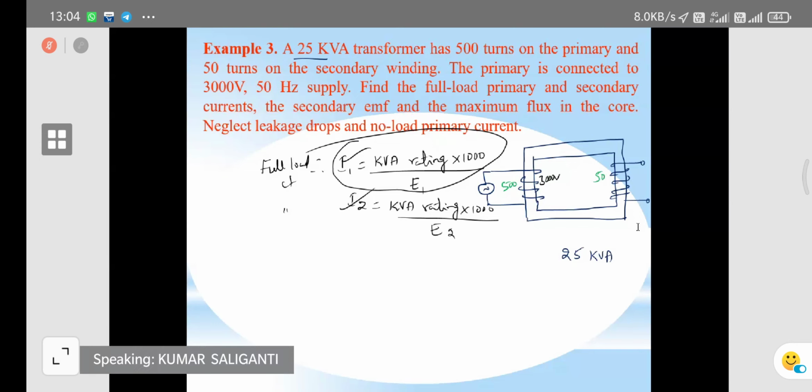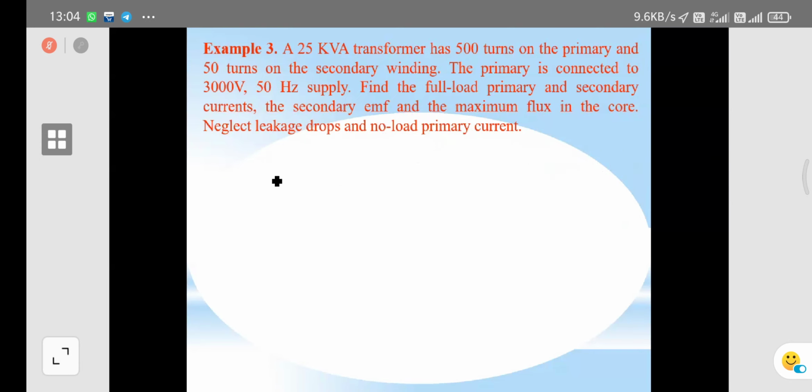It is 200 volts. Okay, what about the others? K equal to N2 by N1, that is 50 by 500, which is 1 by 10, that is 0.1.